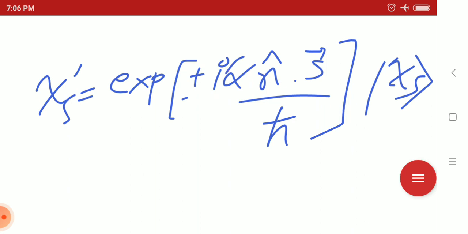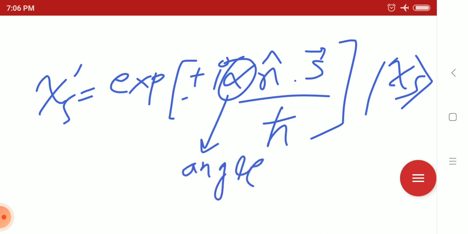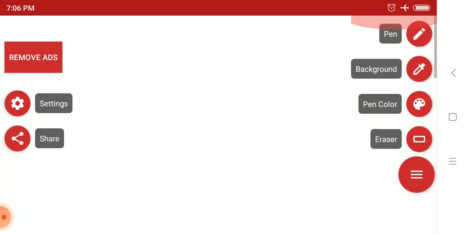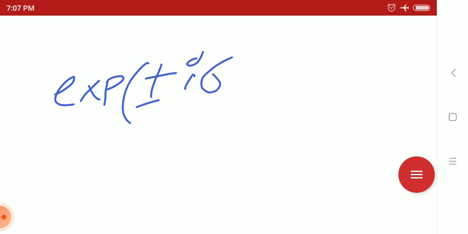And alpha is the angle by which you will rotate it. Now S equals h cut by 2 sigma. Now it has a general format, that is the rotation operator, exponential plus minus iota sigma n alpha, or iota sigma n theta, whatever you write.